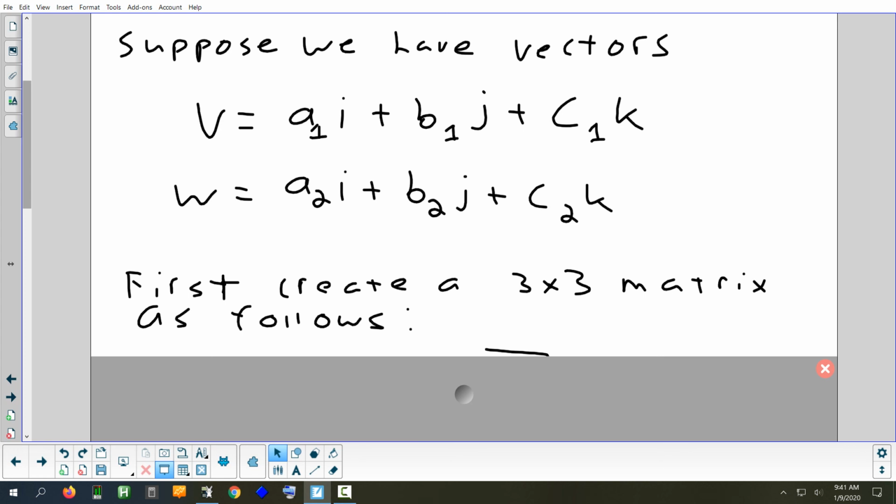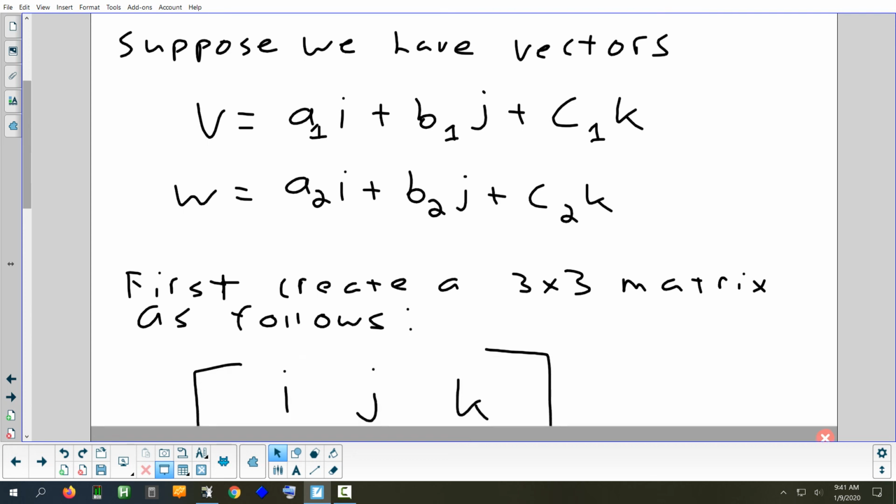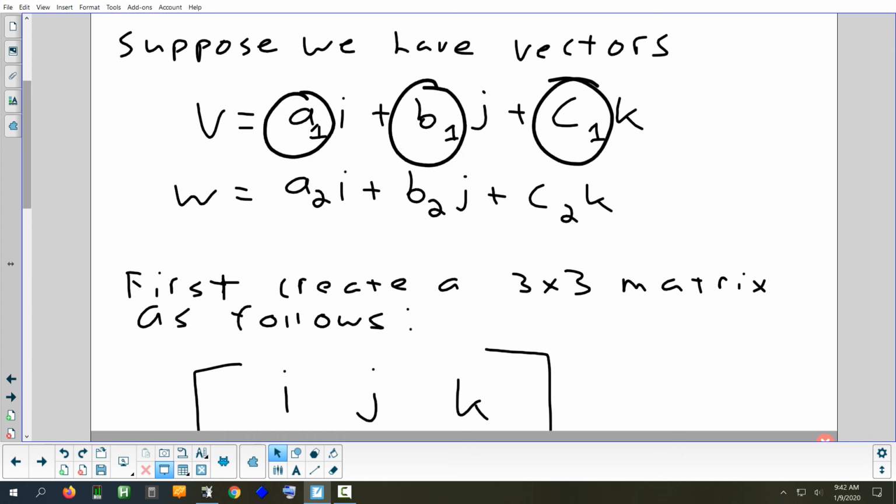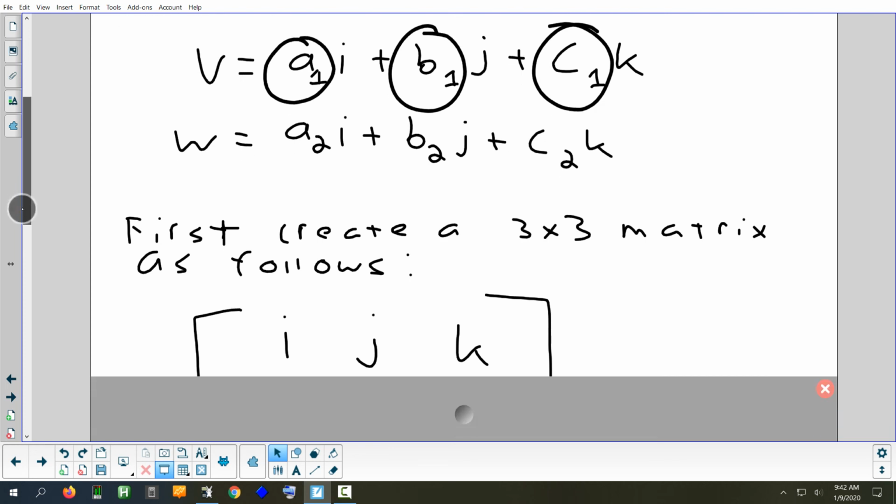Okay, and you're always going to put the same thing in these rows and columns. I'm going to show you what you put right now. In the first row of your matrix, you always put the letters I, J, K. That never changes. In the second row, you're going to put the three numbers from the first vector, A1, B1, C1.